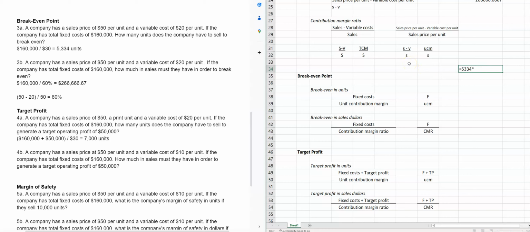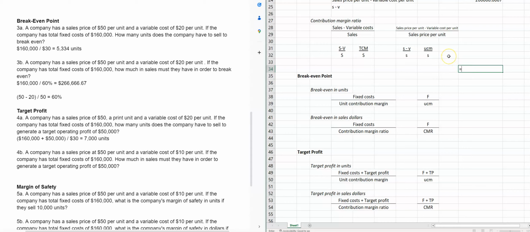So 5,334 times $50, 266,700. The only reason we're off here is simply because of rounding. But if you were doing this for your own company and you just wanted a nice, quick, roundabout way of doing it, that's it. Same kind of idea here. And technically, we probably wouldn't run into any issues because this doesn't appear to have any rounding issues either.